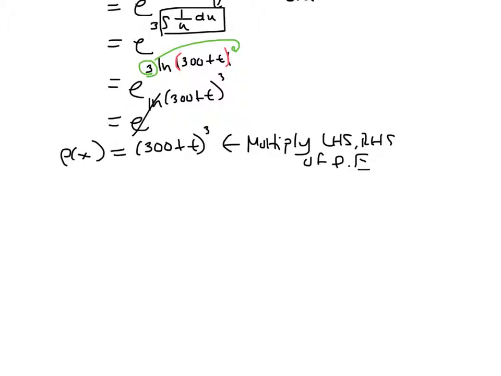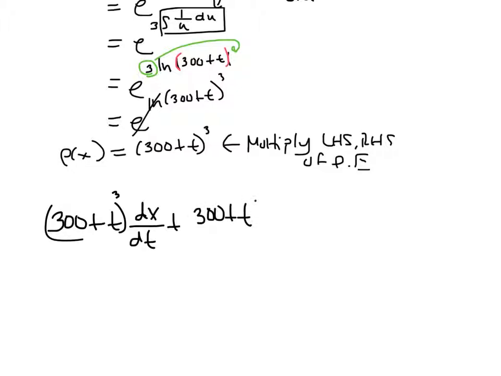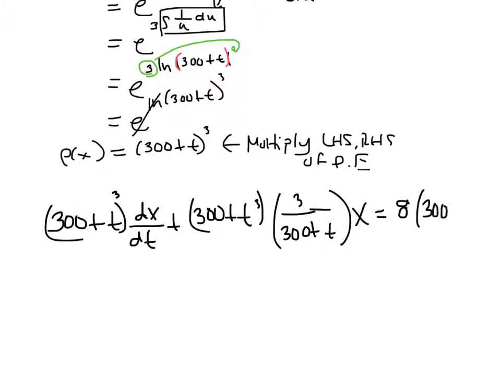Multiplying by our integrating factor results in (300 plus t) cubed dx/dt plus (300 plus t) cubed times this quantity from above, times x, equals (300 plus t) cubed times our 8.